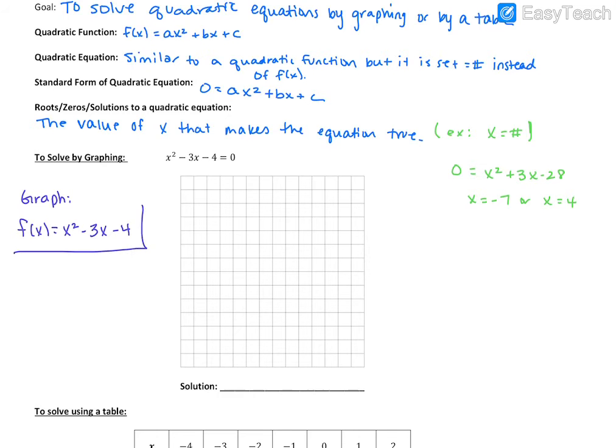Now, this is what we did in part 1. You guys worked at graphing that. The first thing you're going to want to do is find your vertex, or your axis of symmetry: x equals the opposite of b over twice a. So there's your vertex, at 3/2.